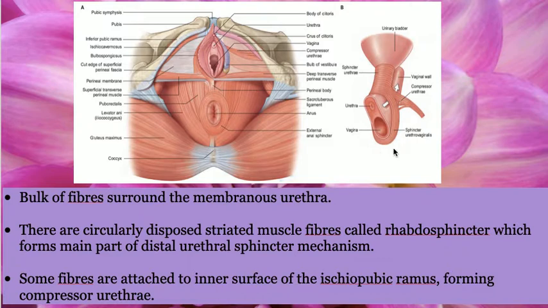They are circularly disposed striated muscle fibers, and this is called the rhabdosphincter, which is basically forming the main part of the distal urethral sphincter mechanism. Okay, the rhabdosphincter, and attached to the inner surface of the ischiopubic rami, forming the compressor urethrae. Okay, you can see this compressor urethrae over here. Circularly disposed fibers called the rhabdosphincter muscle.